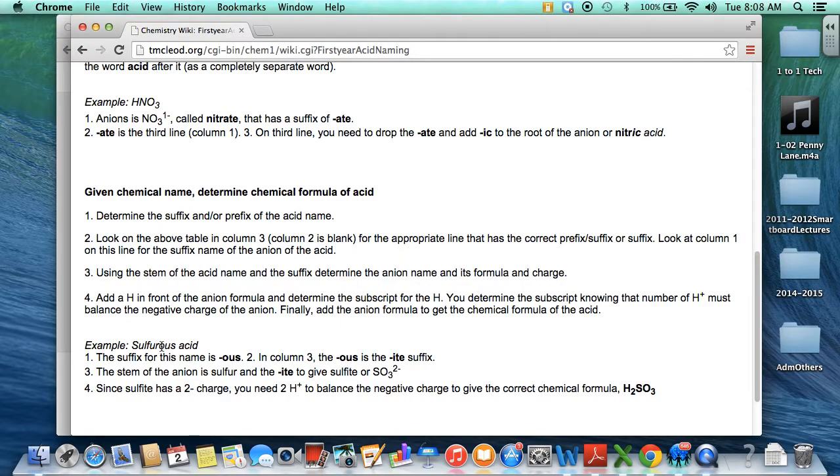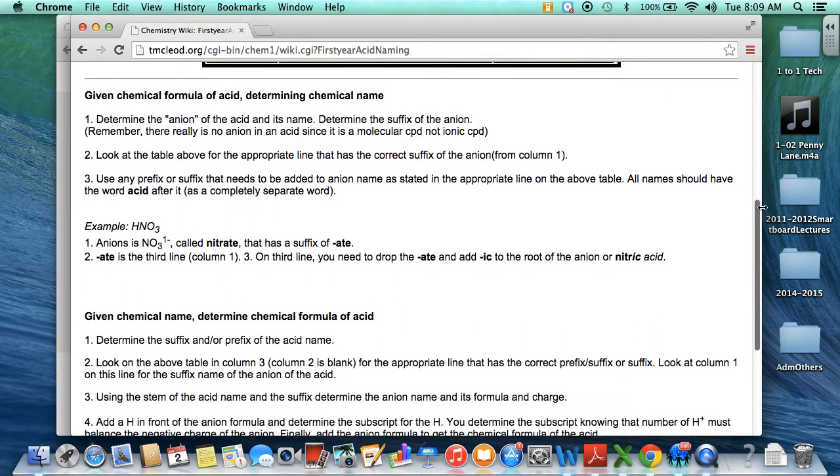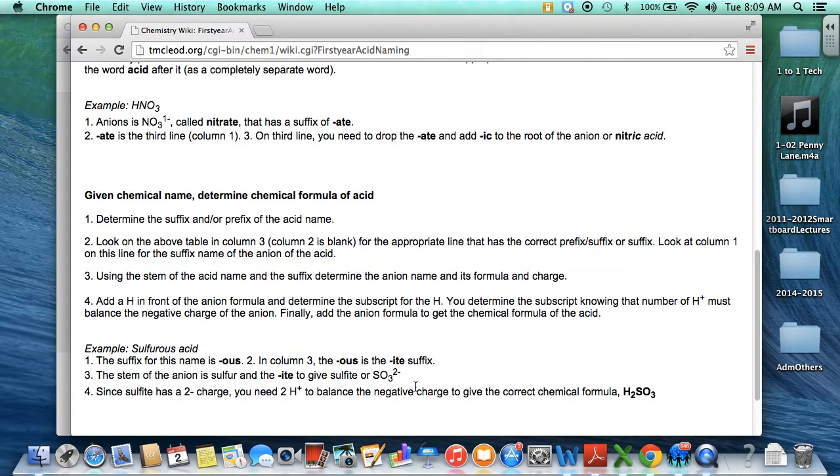sulfurous acid, so the OUS indicates that the anion is sulfite. Sulfite is SO3 2 minus. How do I know that? Because I've memorized it.